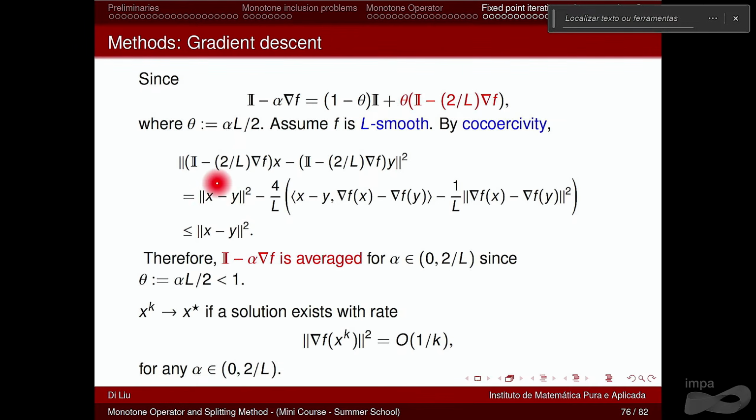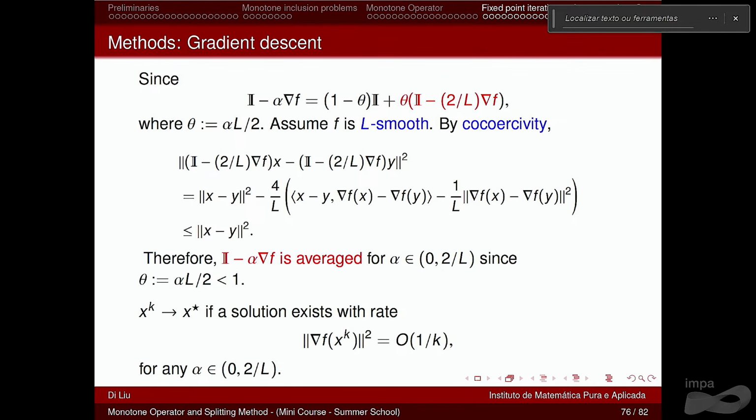This inequality tells us that the identity minus 2 over L grad f is a non-expansive operator. You can regard this as ||Tx - Ty|| is less than ||x - y||. Since this red part is non-expansive, the convex combination is averaged. So this operator is averaged, with the assumption that alpha is in this range.